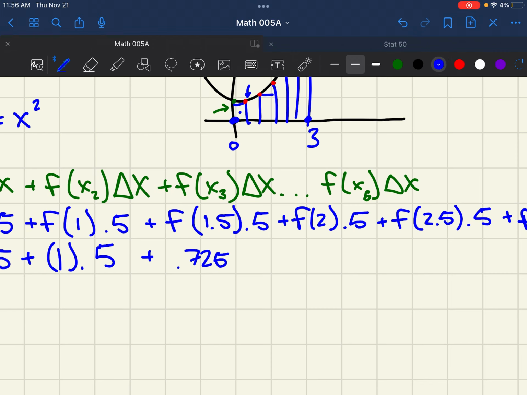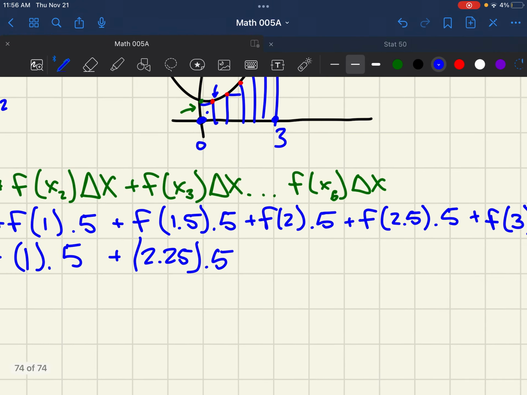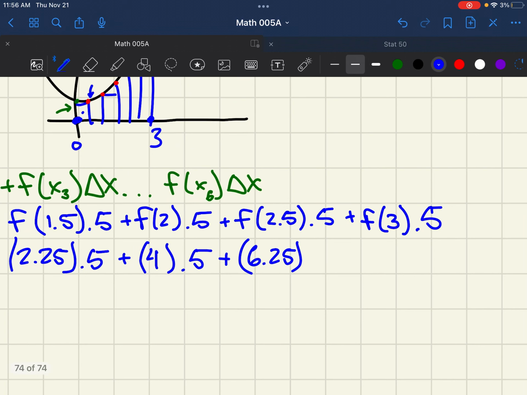Wait, 1 sec. Okay, 1.5 squared, that's 2.25 times 0.5, plus 2 times 2 is 4 times 0.5, plus 2.5 times 2.5, that's 6.25 times 0.5, 3 times 3 is 9 times 0.5.